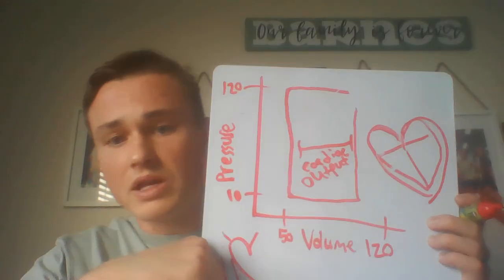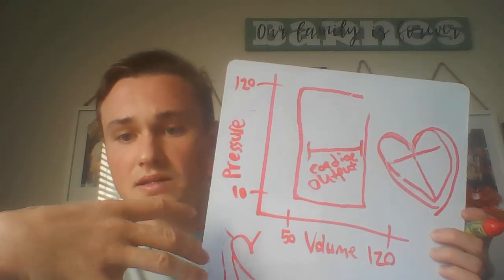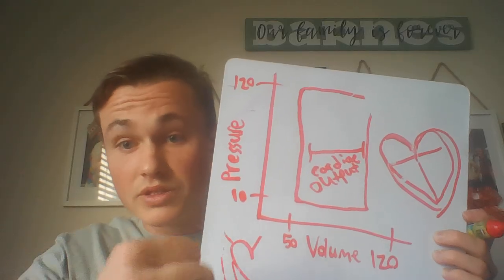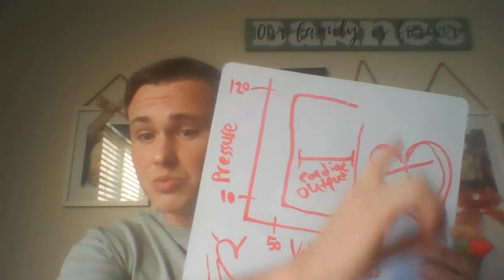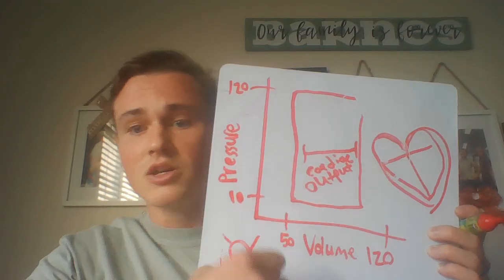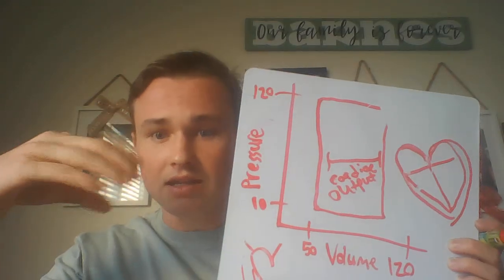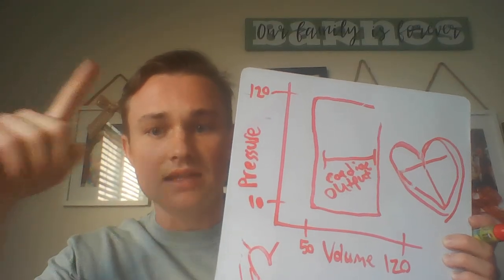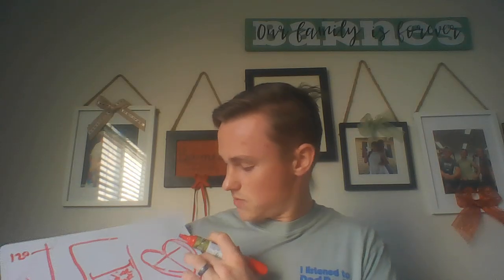And so our heart will end up needing to have stronger contractions to try to get the same amount of blood out, which would lead to your heart muscles thickening. They'll get stronger, which sounds like a good thing until you have this problem.